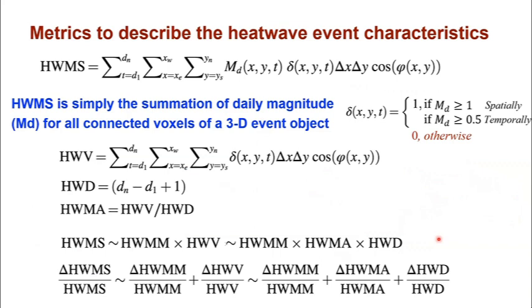One is the so-called Heatwave magnitude scale. That is simply the summation of the daily magnitude for all of these connected voxels of this 3D event object. So this is talking about the severity of this event in terms of a total effect.